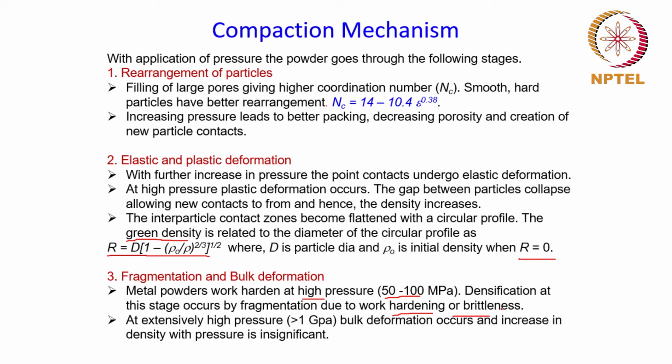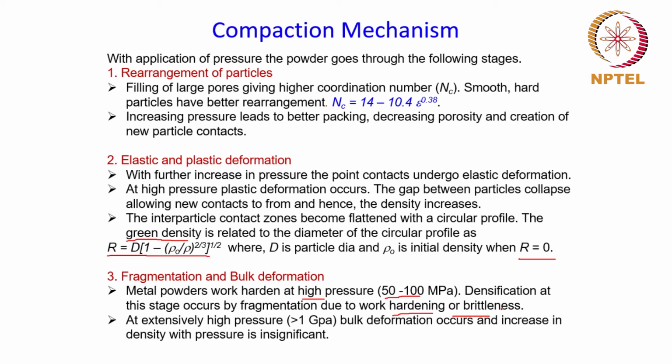And at extensively high pressure, which is more than 1 GPa, bulk deformation will start to happen, and the increase in the density with pressure will not be significant.